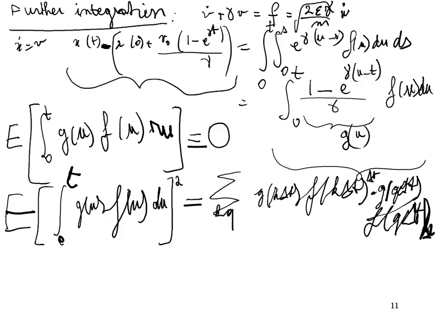But we have defined f previously, so let me use a different color. We define this quantity here as omega q.